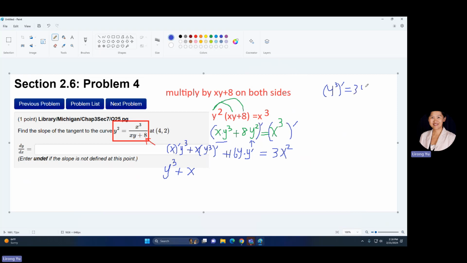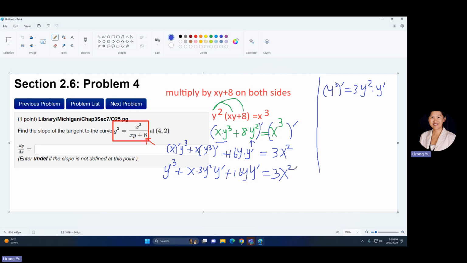That's 3y squared. But then because y is a function, we have to multiply by y prime. That's the chain rule. So we're going to have 3xy squared y prime plus 16y prime, which equals 3x squared.